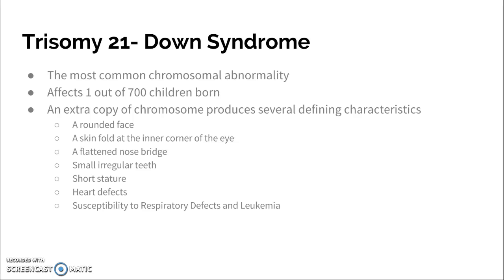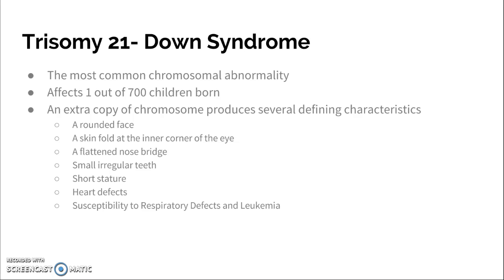So trisomy 21, like most of us know, is a common chromosomal abnormality known as Down syndrome. It affects 1 out of 700 children born, and it's an extra copy of chromosome 21, but it actually produces several defining characteristics.